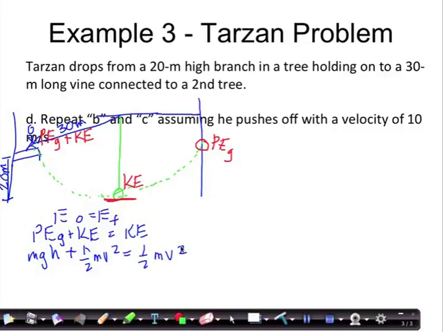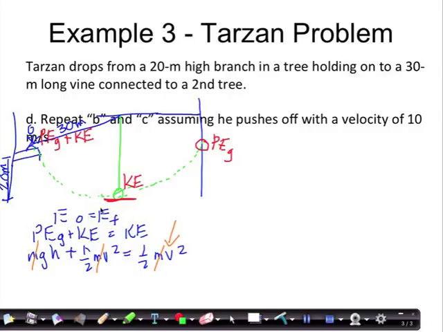This time we're looking for velocity at the bottom of this path. So if we take a look at our equation, we can see that the m's cancel out of all of these terms. And I'm not a huge fan of fractions, and it makes solving a lot easier if we get rid of them.